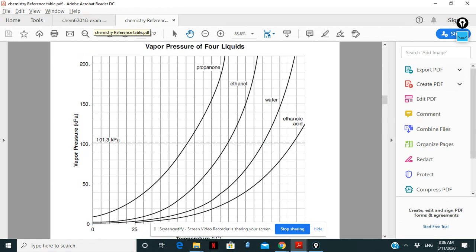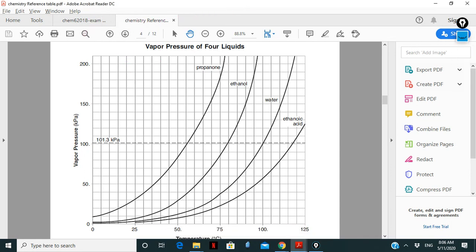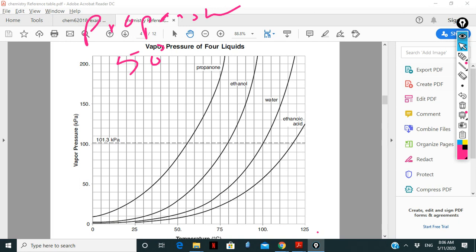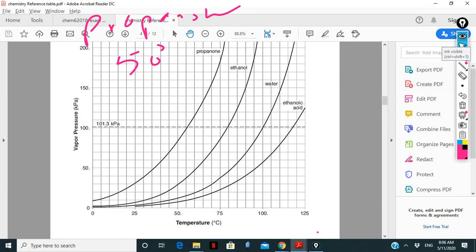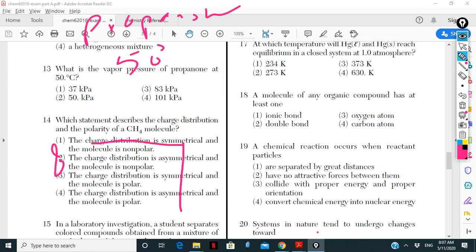At 50 Celsius, I go here and all the way across. So now it's 80 something. So I go back to the question. It's 80 something, so it's 83 kilopascal. So the answer is 3.